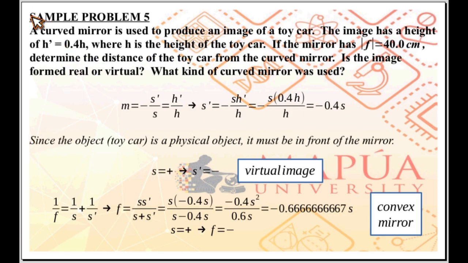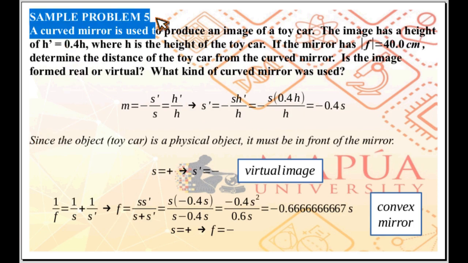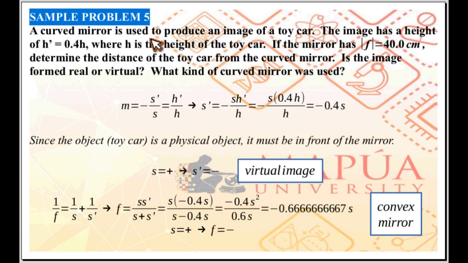Next up, we have sample problem number 5. A curved mirror is used to produce an image of a toy car. The image has a height of h prime is equal to 0.4 h, where h is the height of the toy car.